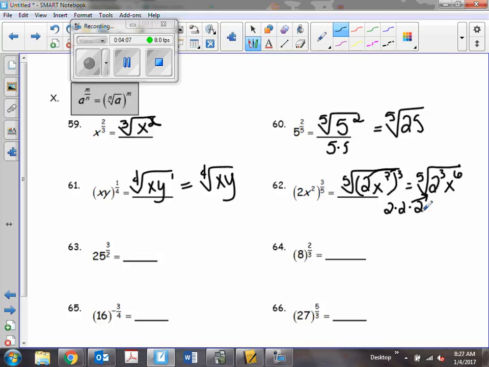Well, that's not a group of 5, so it doesn't come out of that radical, but it does become an 8. But if we look at the x's, x to the 6 is saying x times x times x, 6 times. And I am trying to find groups of 5. Well, if I look here, I have one group of 5 right here. So that means that on the outside of the radical, I am going to have an x.